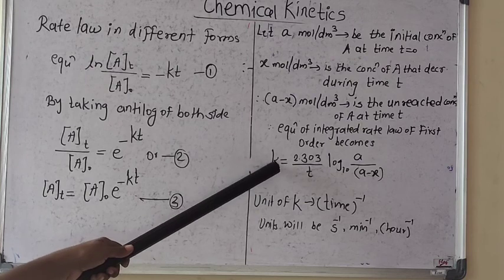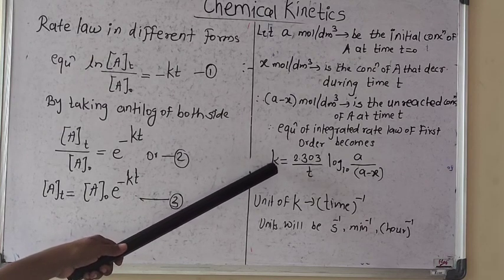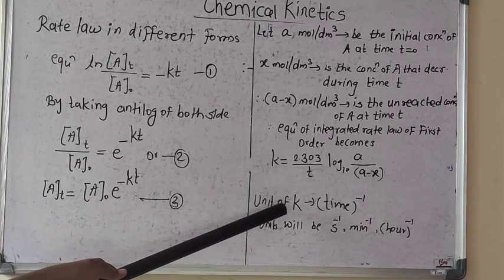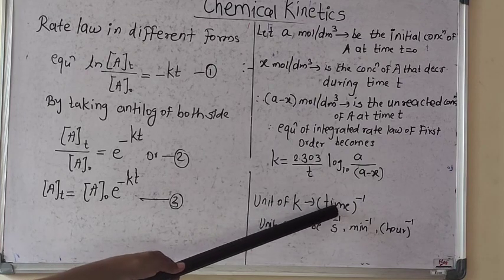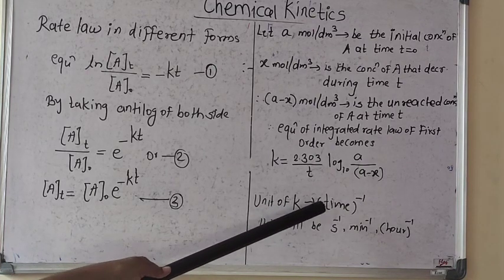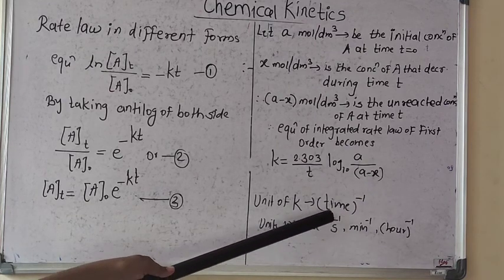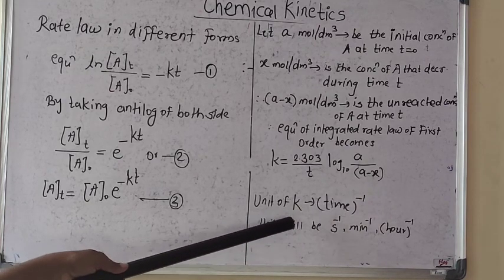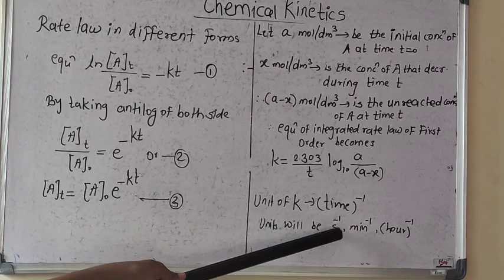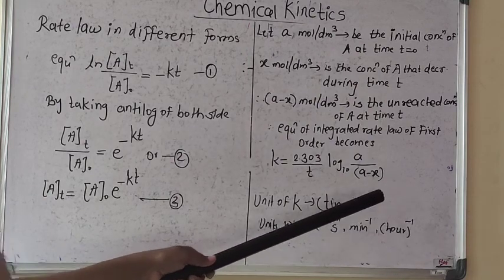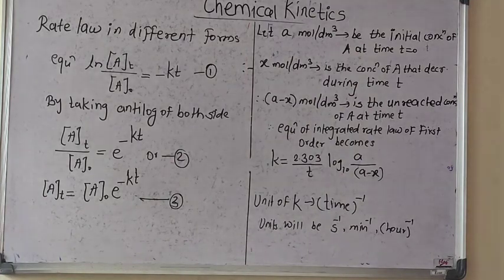So the unit for k, the rate constant, is time inverse, measured in second inverse, minute inverse, or hour inverse, depending on the type of reaction.